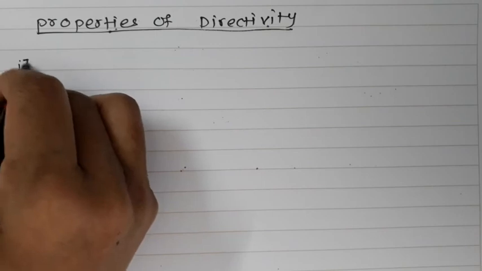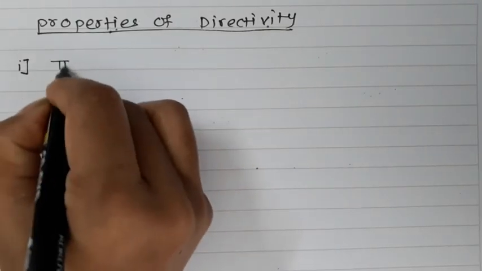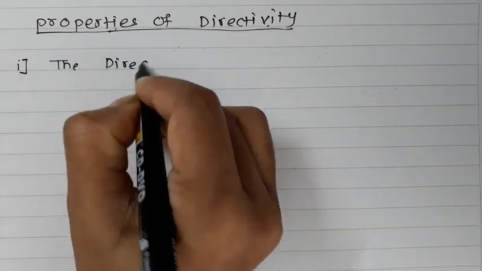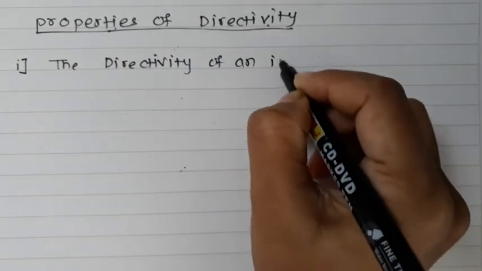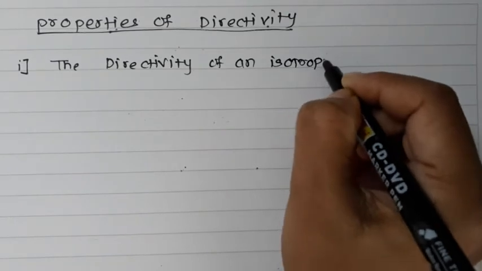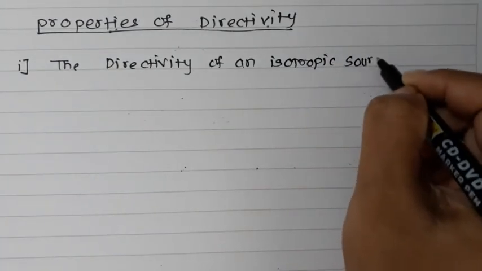The first property: the directivity of an isotropic source is unity.